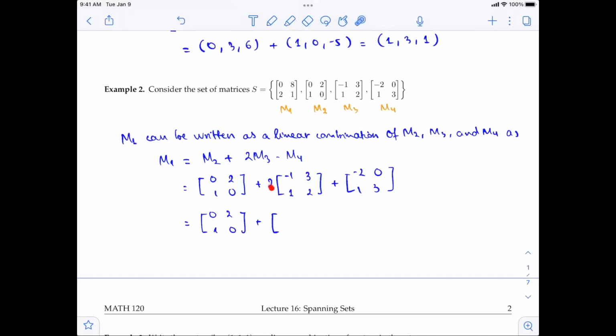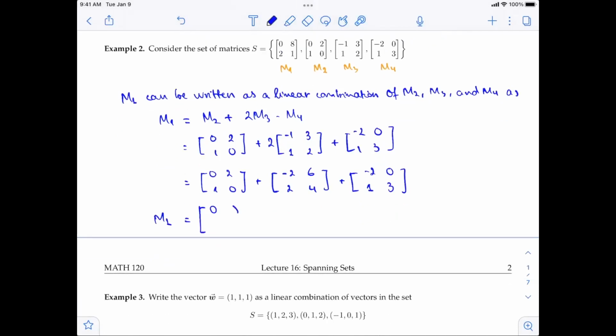So now this is a constant multiple of a matrix, which gives you (-2, 6; 2, 4) plus (-2, 0; 1, 3), right? And therefore M1 is going to be equal to (0, 8; 2, 1). Okay.